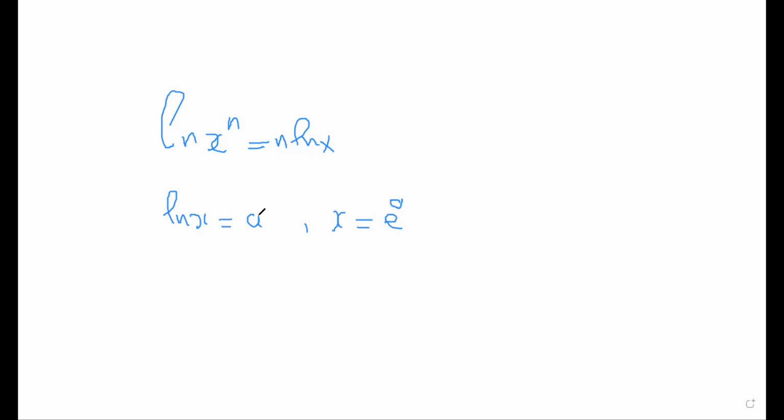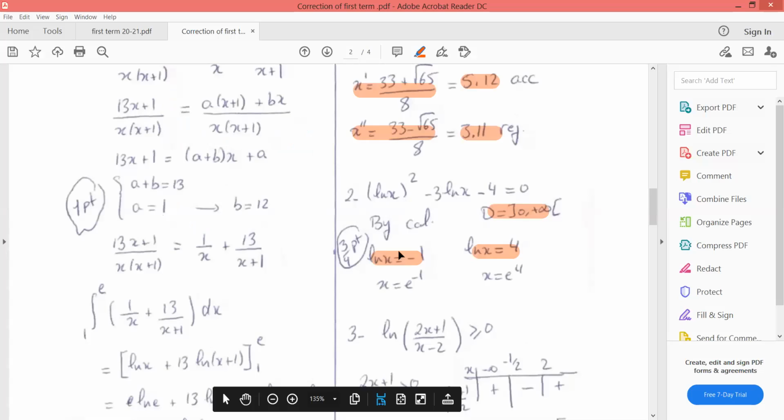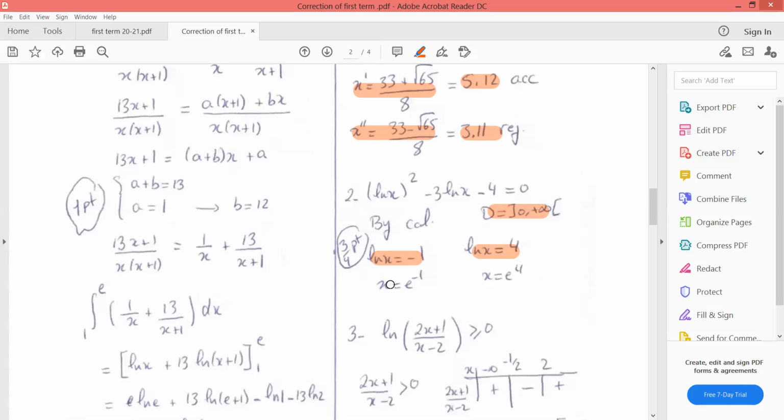So for ln x equal minus 1, I put e on the other side, x equals e to the minus 1. It is accepted, it belongs to the interval 0 to plus infinity. Also ln x equal 4, so x equals e to the 4. Also accepted.